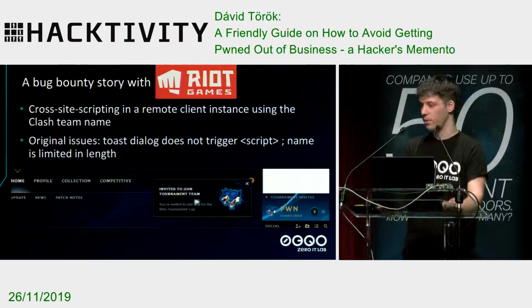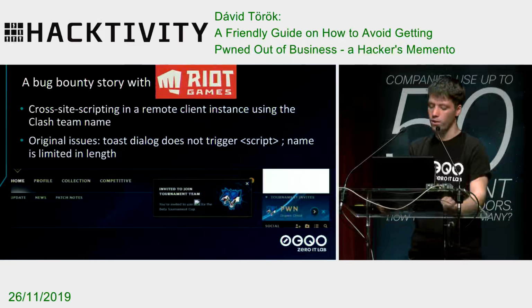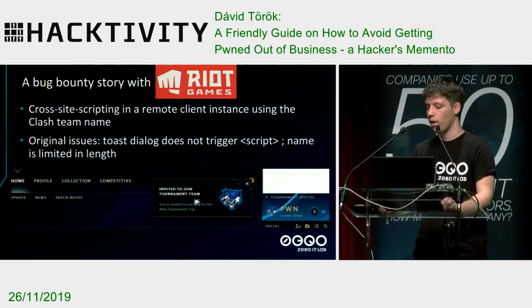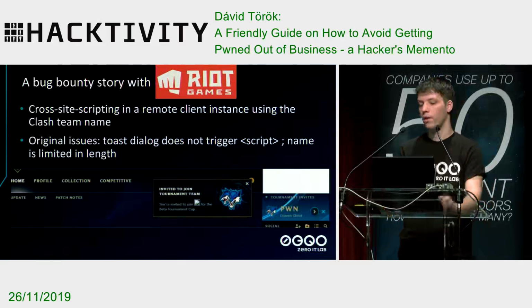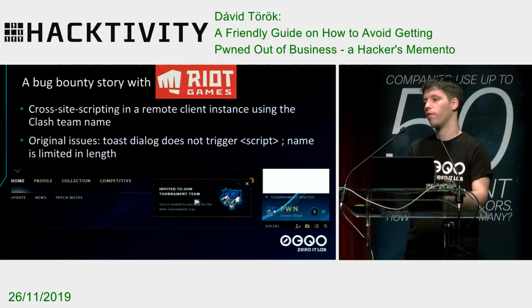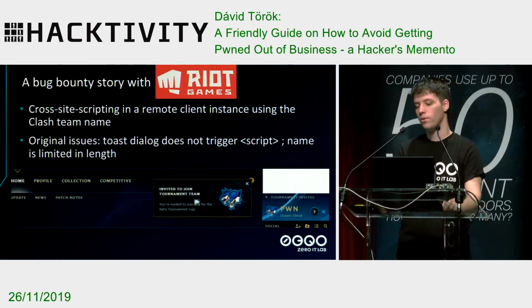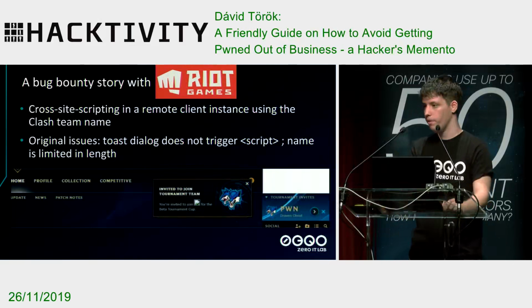But there were two issues we had to overcome. The first is that this toast dialog doesn't trigger JavaScript execution if you put a normal script tag there, because they're using the appendChild JavaScript function internally, which doesn't execute JavaScript in script tags. The other issue is that the front end limited the length of the team name, so our payloads had to be relatively short.